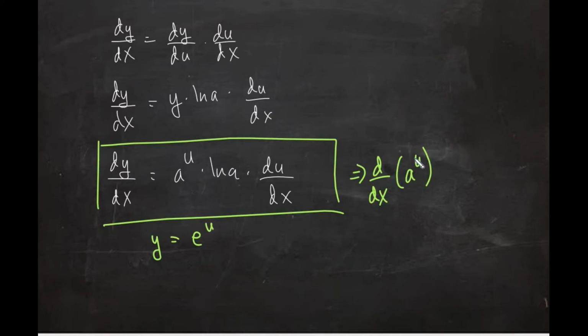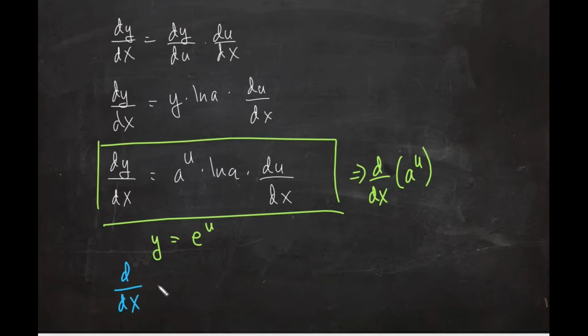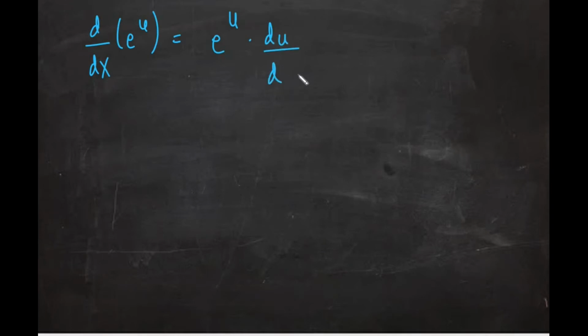Following the pattern, we have a raised to u, so e raised to u times ln a becomes ln of e, times the derivative of u with respect to x. But we all know that ln e is equal to 1. So the derivative of e raised to u is simply equal to e raised to u times the derivative of u with respect to x.